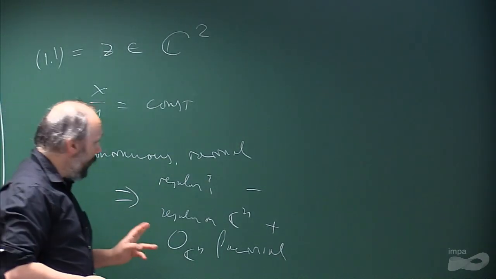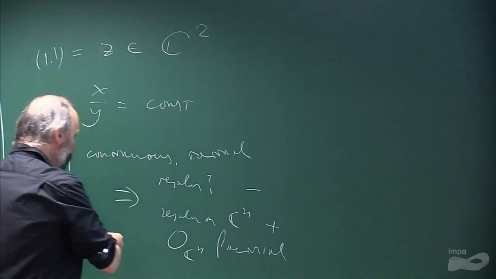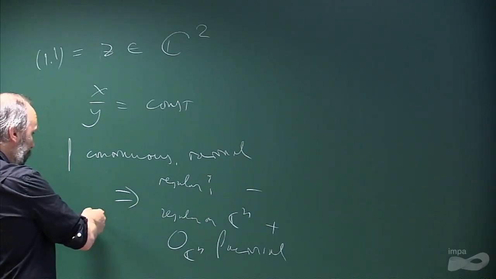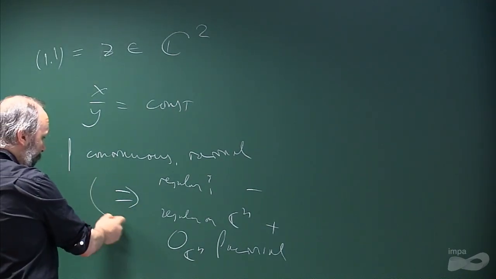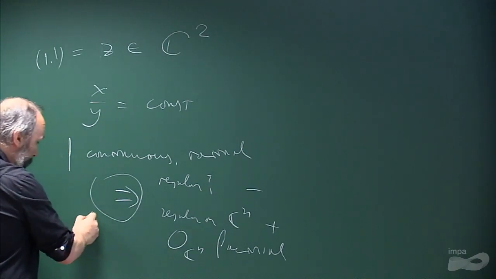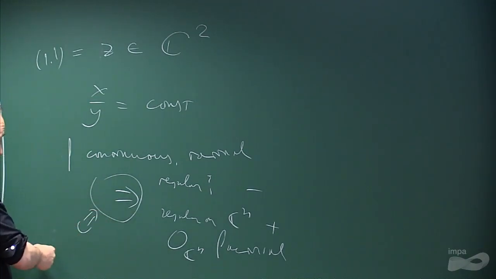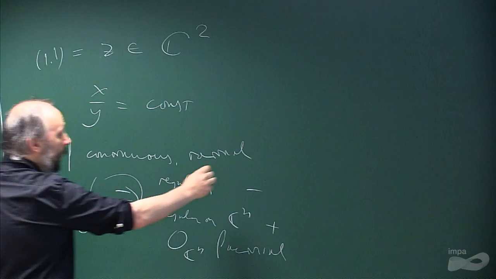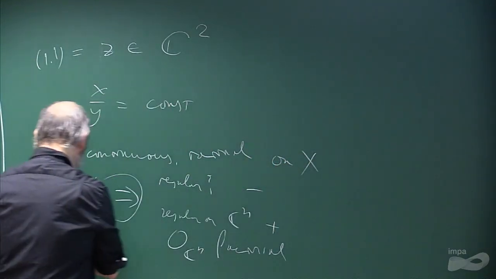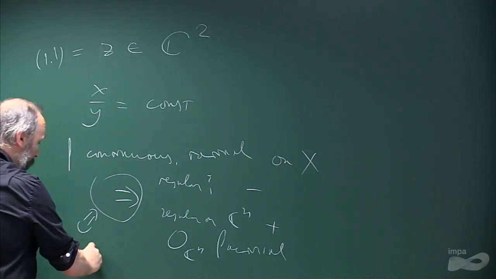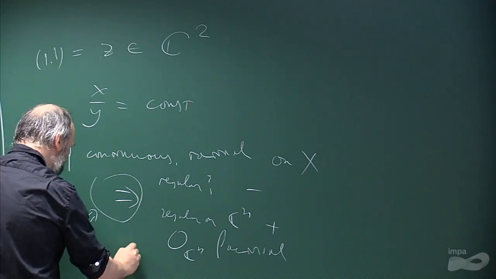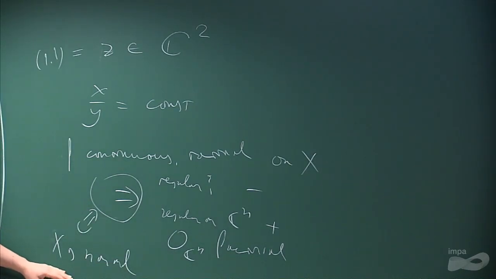What is true is that the implication is true if and only if x is normal. So this is a criterion for normality of a variety. But it's not obvious how to prove it. I didn't do it.